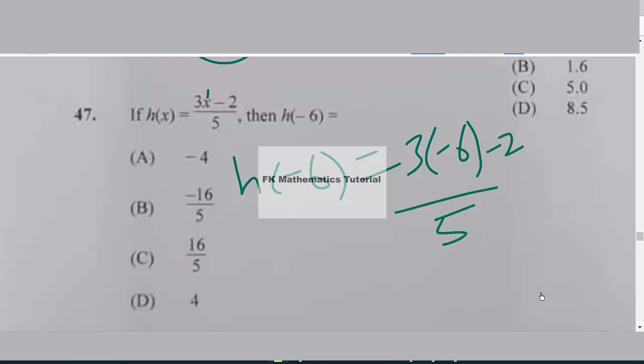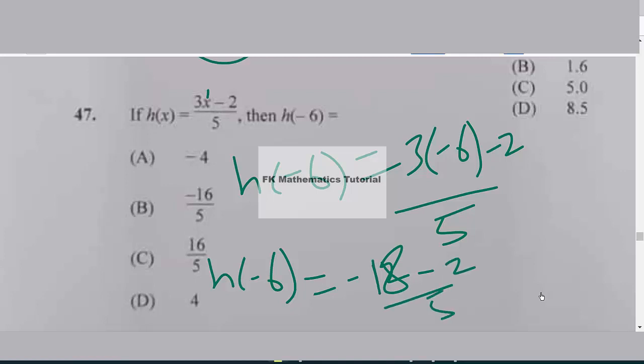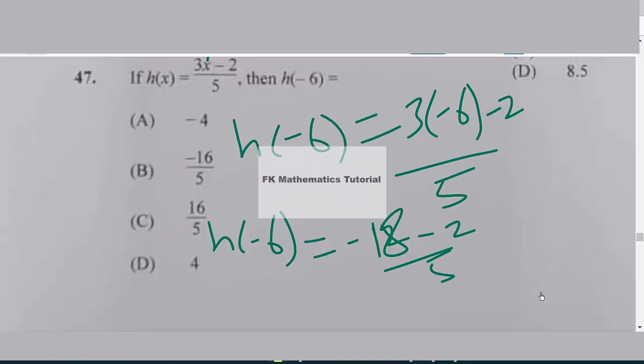So 3 times -6 will be -12. -12 minus 2 is -18... -18 minus 2 over 5. So this will be equal to -20 over 5, and that is equal to -4. So the answer is option A.